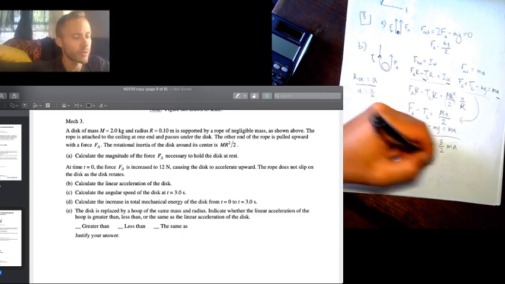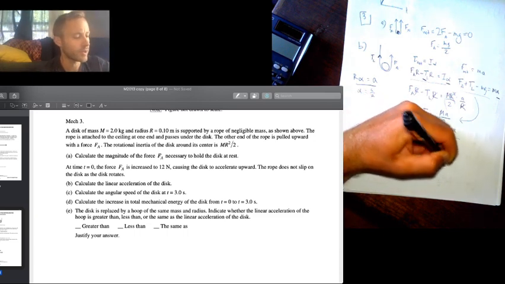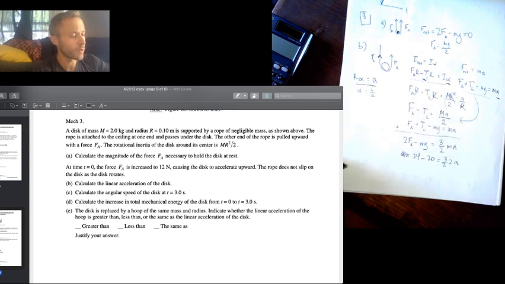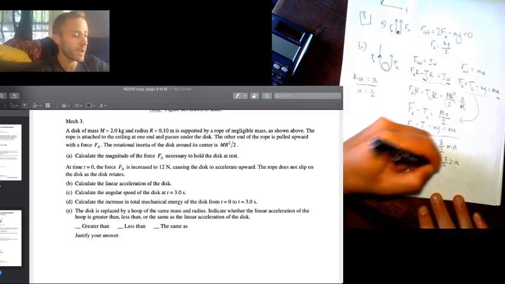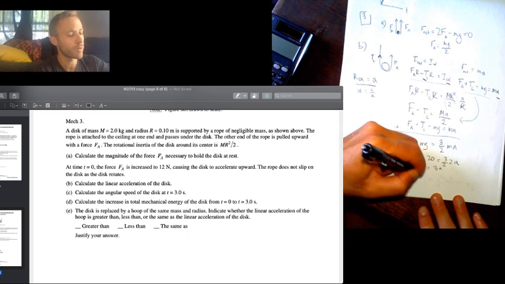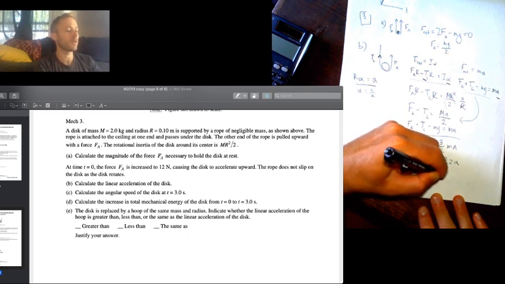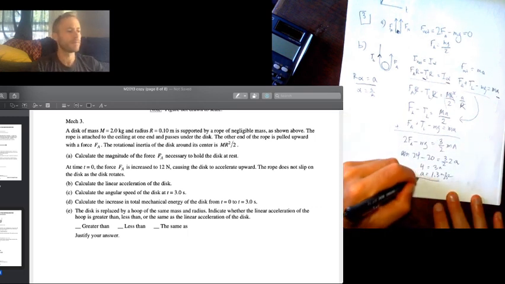And then that equals 3/2 times 2 times a. So we have 4 equals 3a, which says that a is 1.3 meters per second squared. Okay, that was kind of a long one.